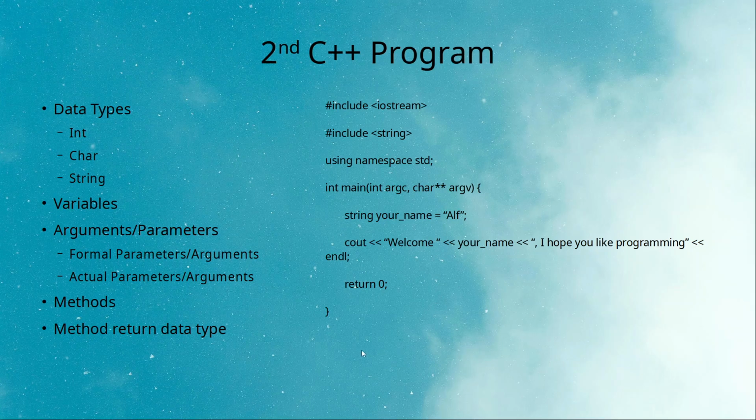I can say call main and then in the brackets I can put 4, or I can pass another variable of integer type. That will be the actual parameter that gets passed. We'll discuss this more later on when we talk about functions and methods in detail. We have methods and method return types we have already seen.